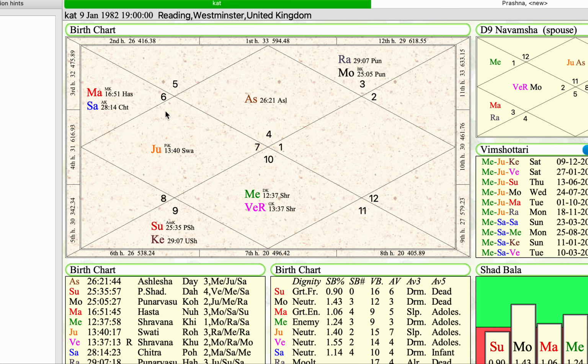Right, I hope you understood. And Jupiter is also your forefathers, your early grandfather and grandparents, because Jupiter is the karaka for advisors, gurus, teachers, forefathers, and all that.